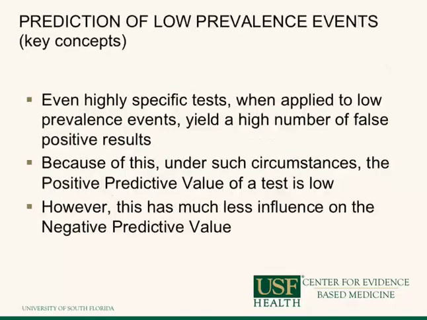So bottom line for sensitivity and specificity, even highly specific tests when applied to low prevalence events yield a high number of false positives. So next time when you look at the recommendation by US Preventive Task Force or AHRQ about screening, try to calculate the positive predictive value for your setting, and you will find the answer why there is so much debate about screening mammogram or PSA, et cetera.